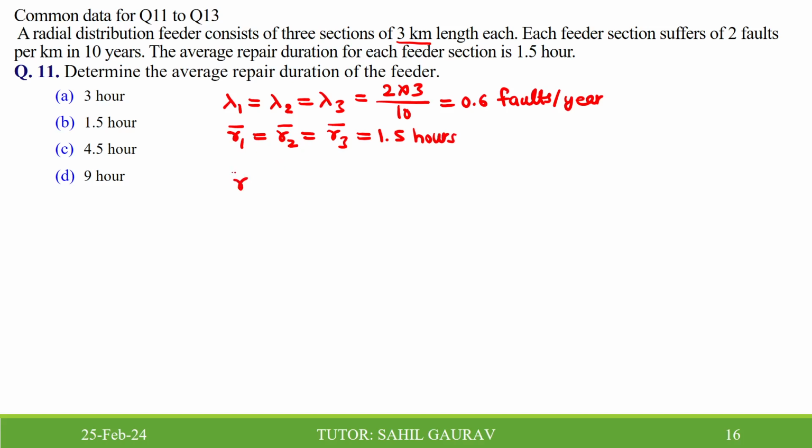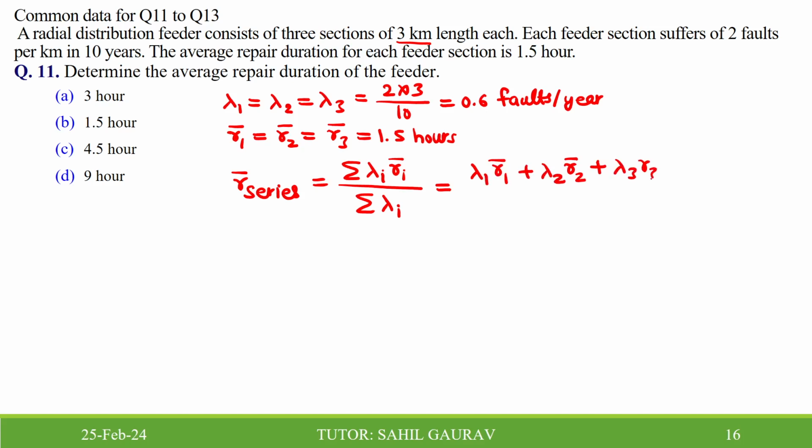And we know that for series connection, mean time to repair is given as summation of lambda i Ri bar divided by summation of lambda i. Let me elaborate: lambda 1 R1 bar plus lambda 2 R2 bar plus lambda 3 R3 bar, divided by lambda 1 plus lambda 2 plus lambda 3.